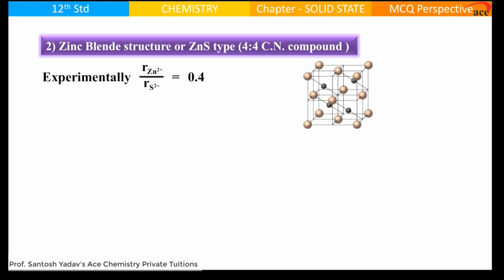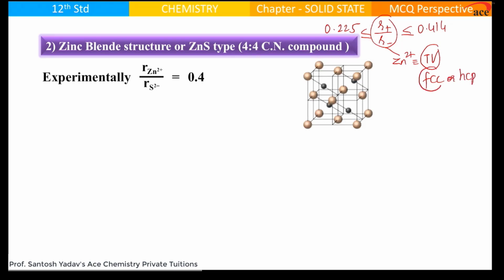The question is, this radius ratio lies between what to what? Radius ratio lies between 0.225 to 0.414. That means the radius ratio indicates zinc occupies tetrahedral void, and we know tetrahedral void is a speciality of FCC and HCP, but we are going to take cube as a standard.